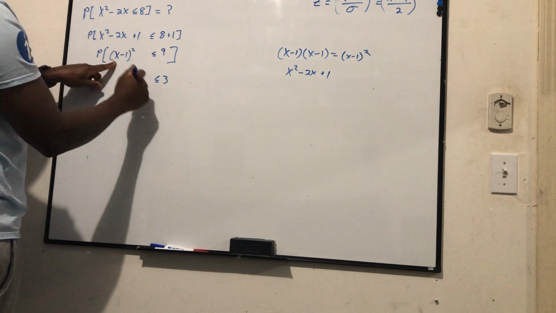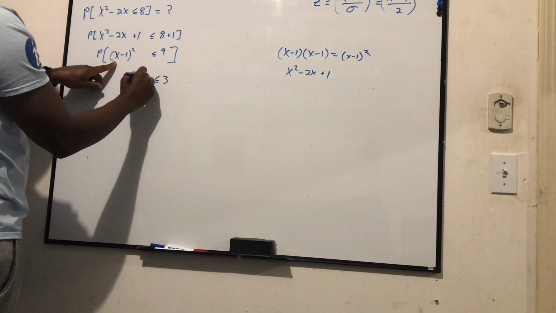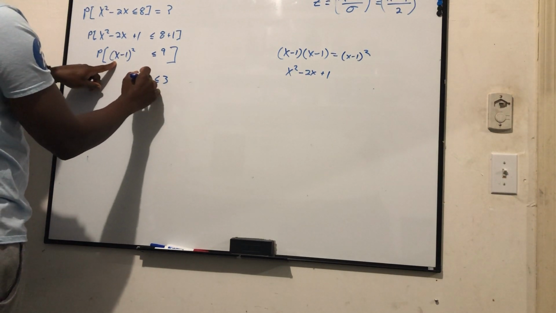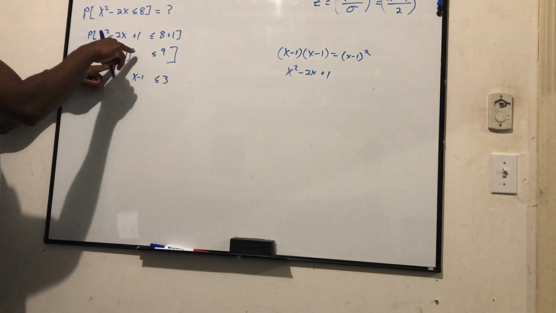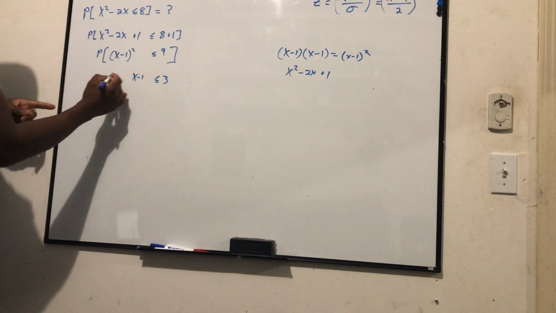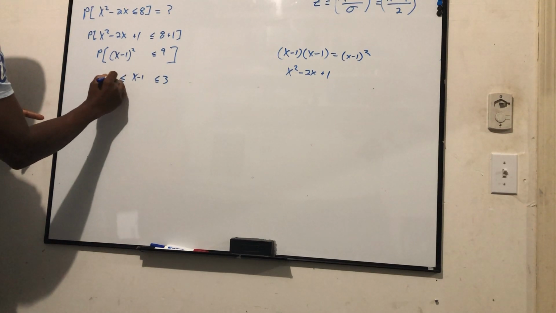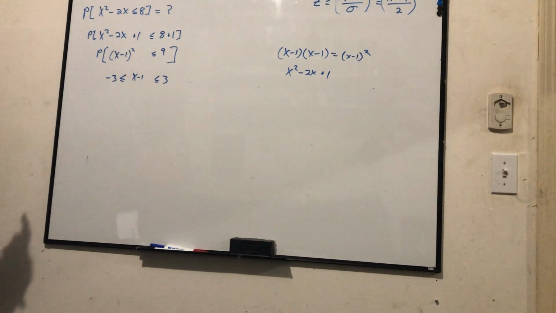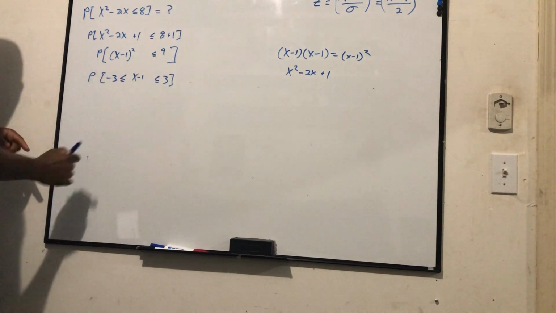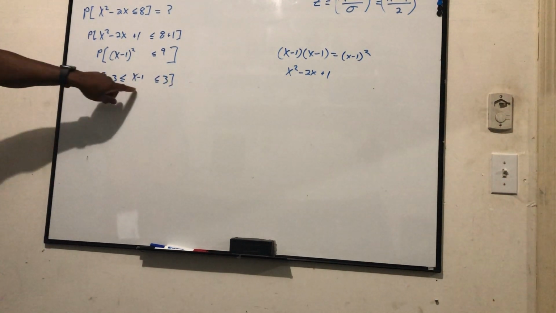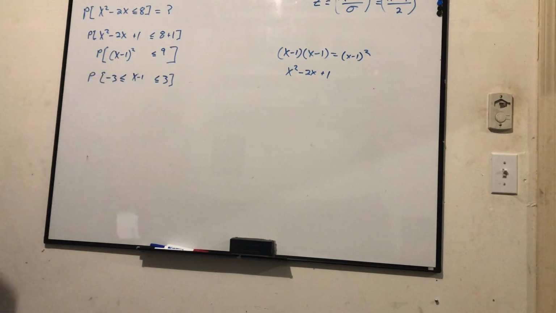But remember, this could be positive or negative, because we're squaring it, it comes from negative or positive. So that is true. The probability that x minus 1 is between those two.